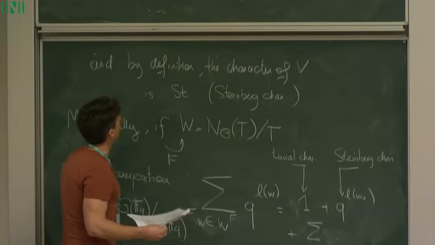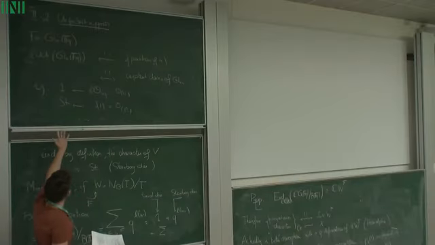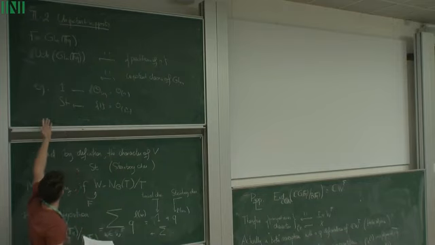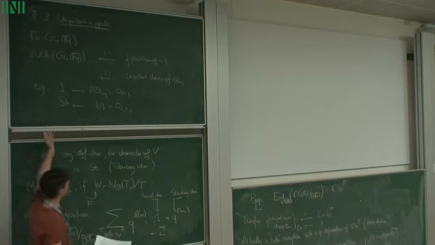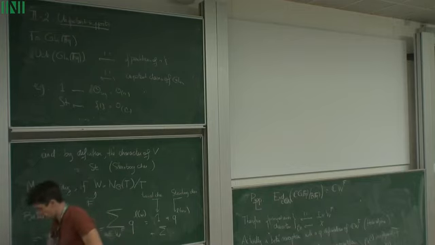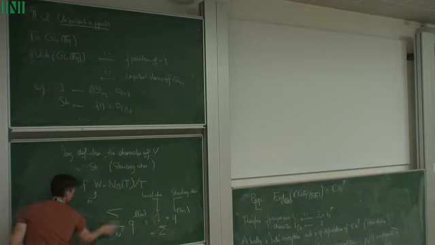Okay, so the question is, if I want to do this for other groups, there is no, in general, there is no way. I already have only the principal series characters. They are parameterized by the representations of the Weil group. How do I go from the Weil group to the unipotent classes? It's not clear unless you know a bit more about Springer theory, for example.